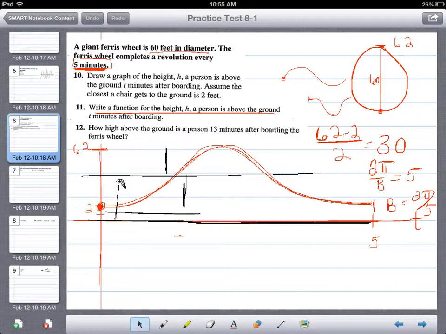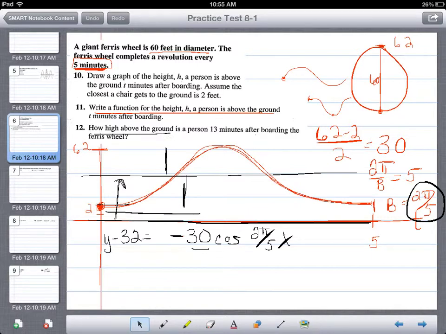So this has to be going up 32 units. So this is going to be y minus 32 is set equal to negative, amplitude was 30, cosine. Remember it's negative cosine because we started at the bottom of the hill first. Amplitude is 30, cosine b we found was 2 pi over 5, and just simply x because we did not shift it horizontally at all.